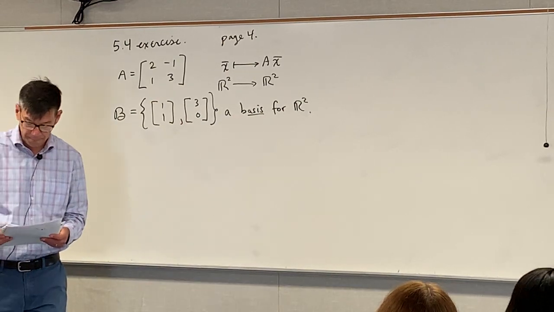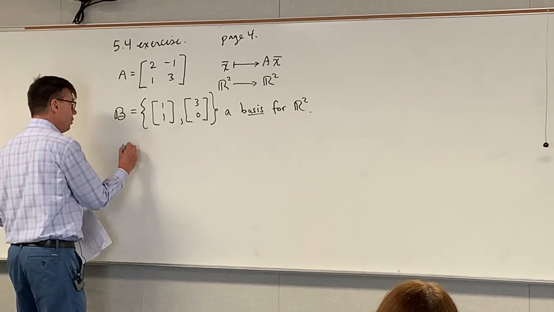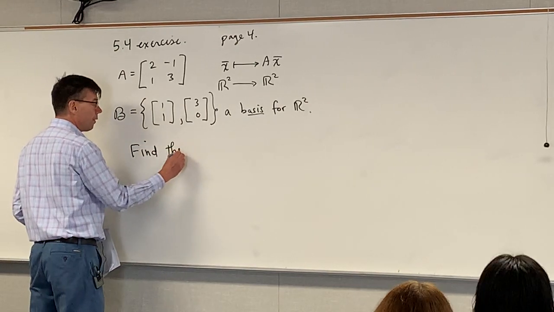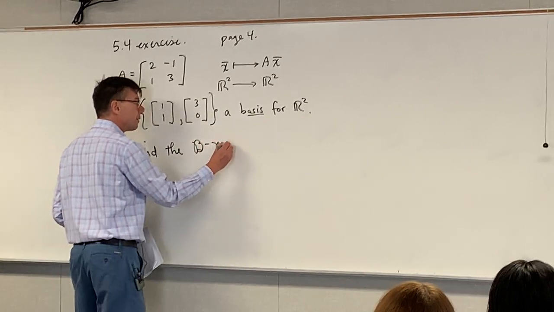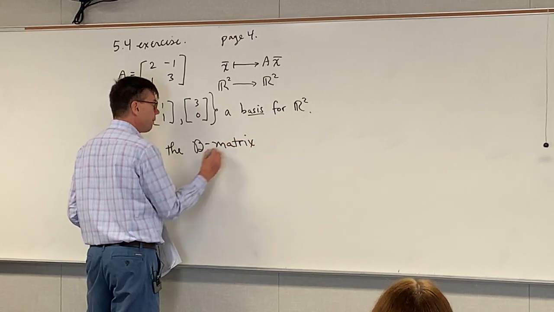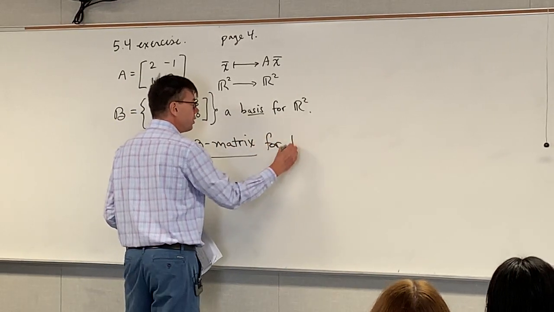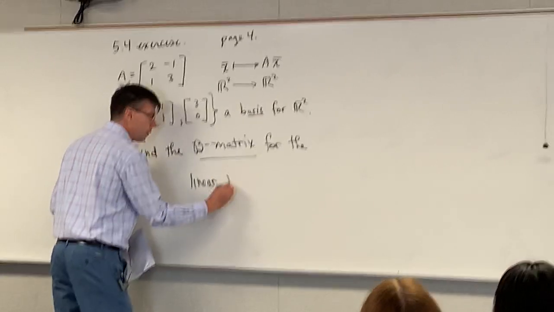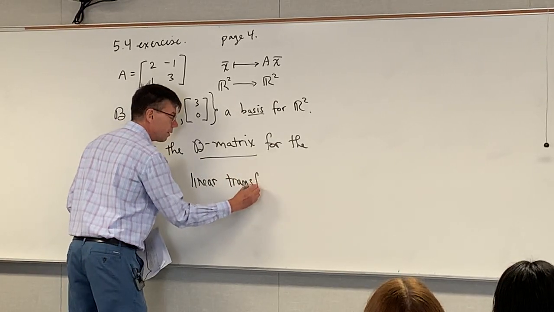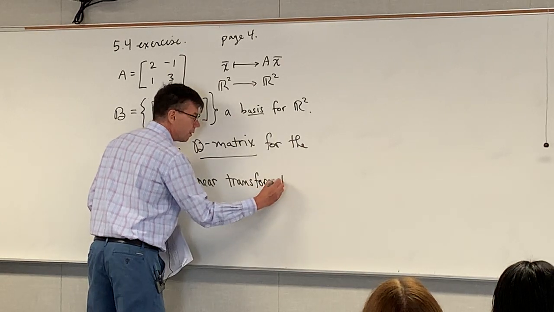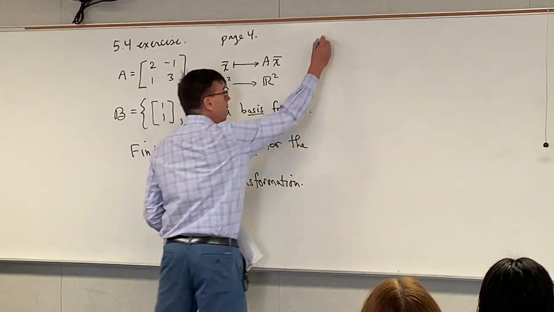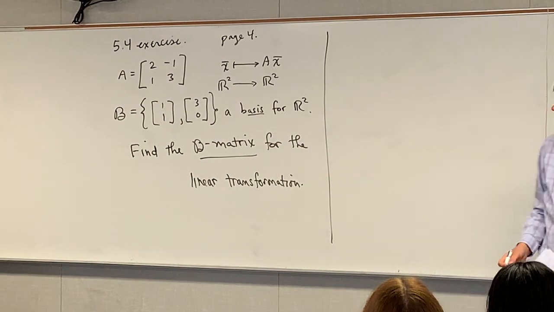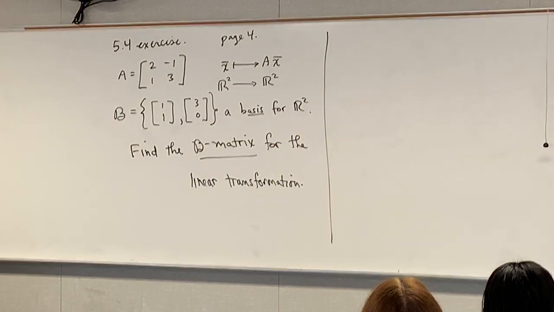And because it's two-dimensional, it's easy to tell if those two are linearly independent because they're not scalar multiples of each other, right? And so we're going to do this, find what's called the B matrix for the linear transformation. And two ways we're going to approach this.